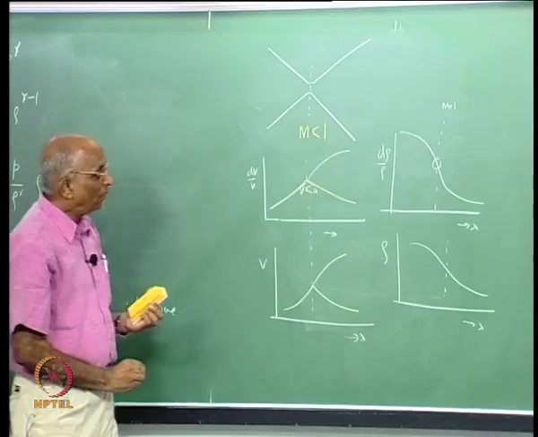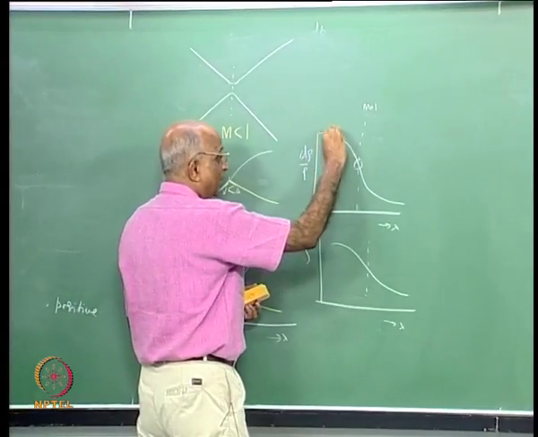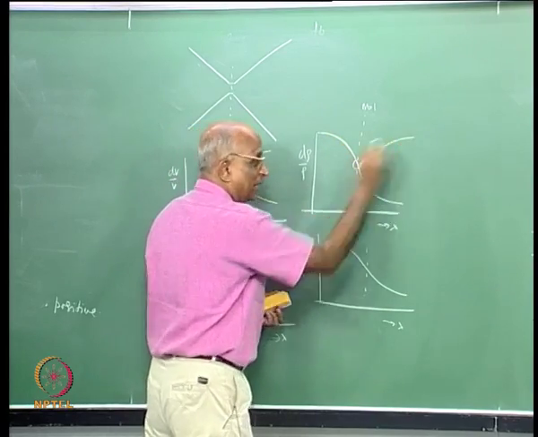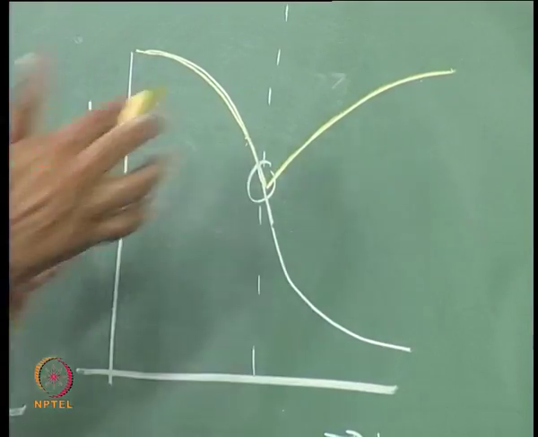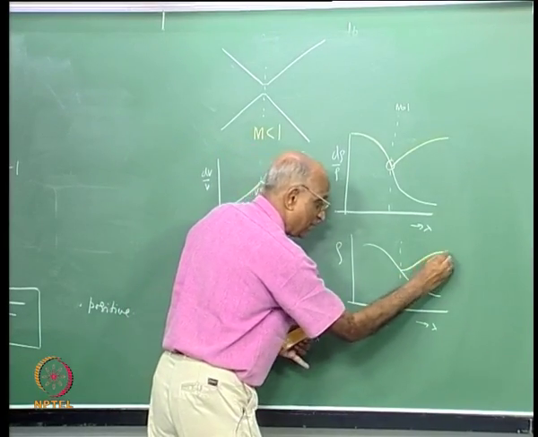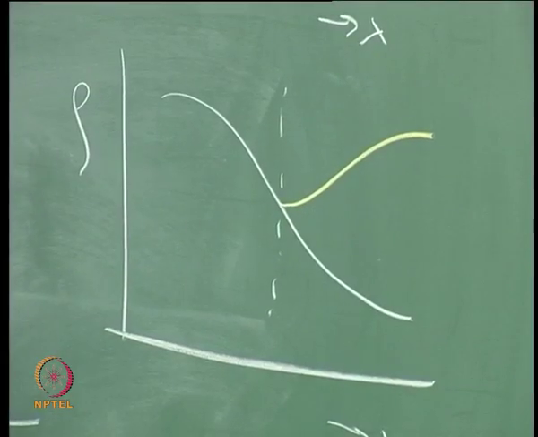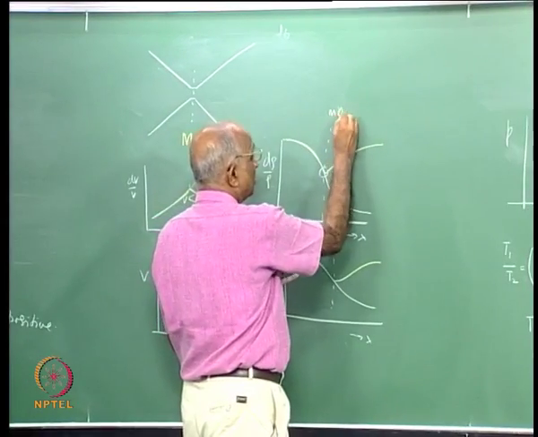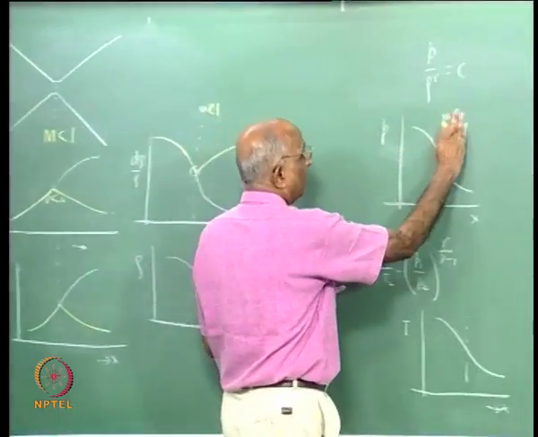What happens to the density? Density falls up to the throat and increases back. Therefore, I have a diffuser section here. Density again, same picture, and now we say Mach number is less than 1.